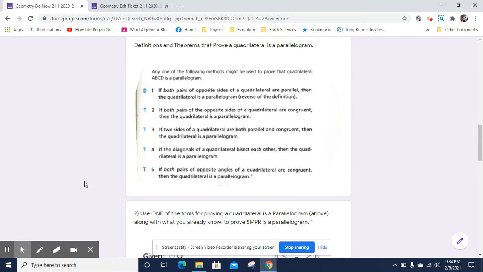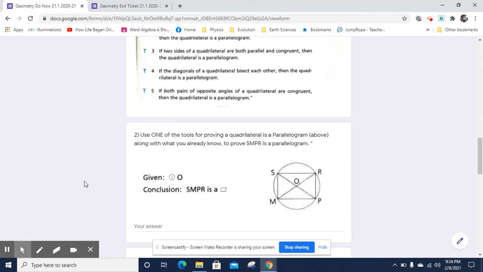Okay, so let's see what we're dealing with. We've got this circle O, and we are just given it's a circle O, which means O is in the center. Conclusion, SMPR is a parallelogram.